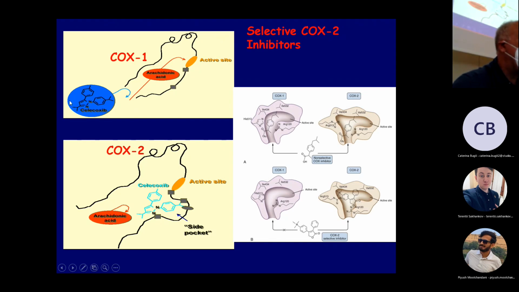Here you see a selective inhibitor of COX-2 called celecoxib. It has this side chain.